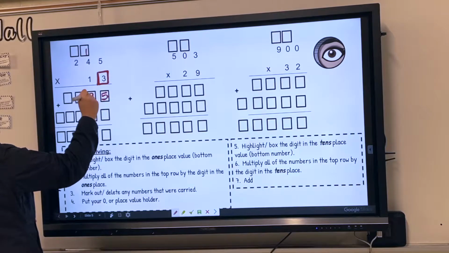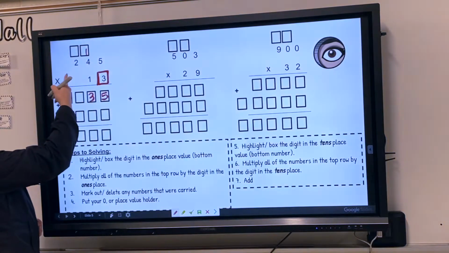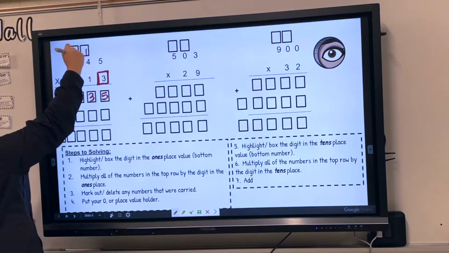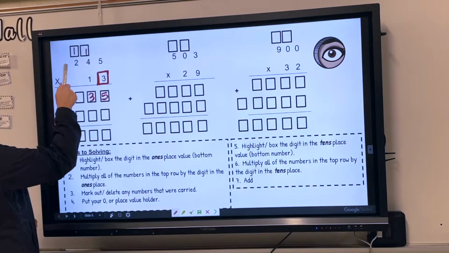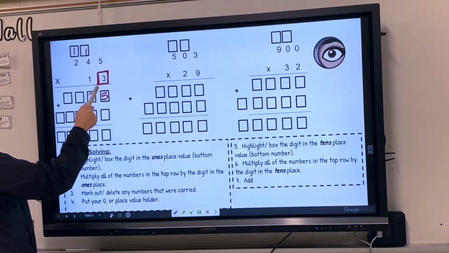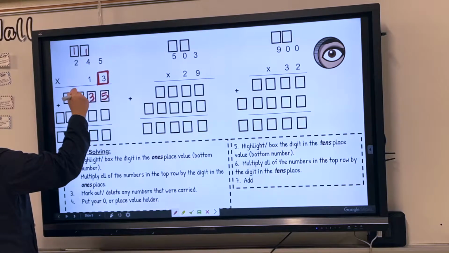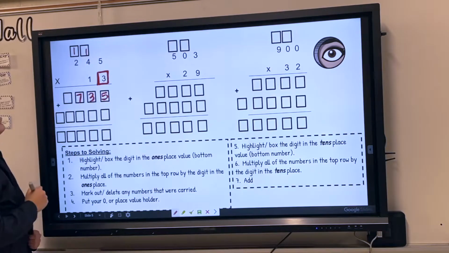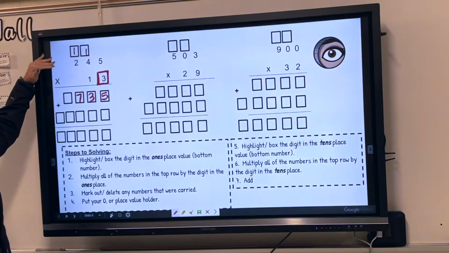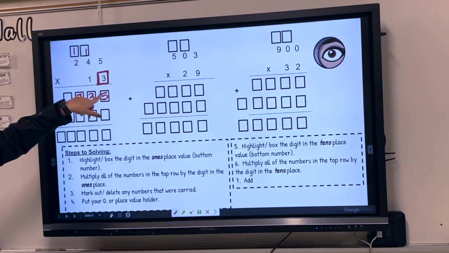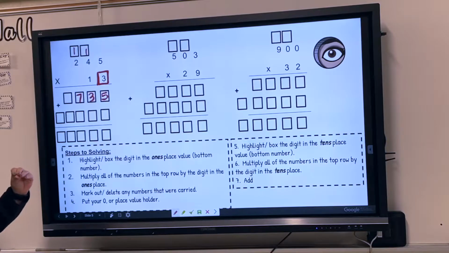I'll put my 3. I do have another number here, so I'm going to carry that 1. 2 times 3 is 6. And then 6 plus 1 is 7. I don't have any other numbers up top to multiply by 3, so I'm done with my first 2 steps.